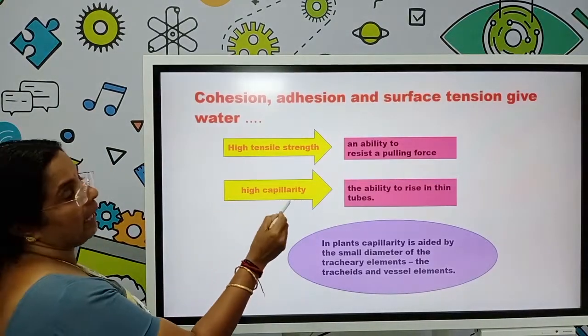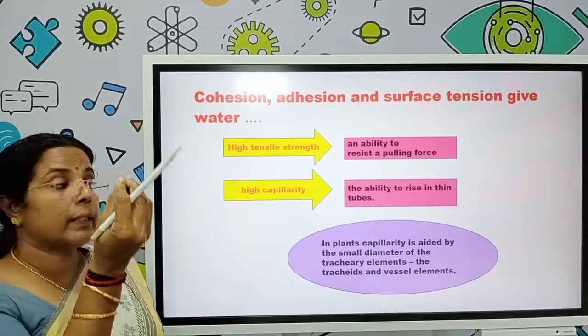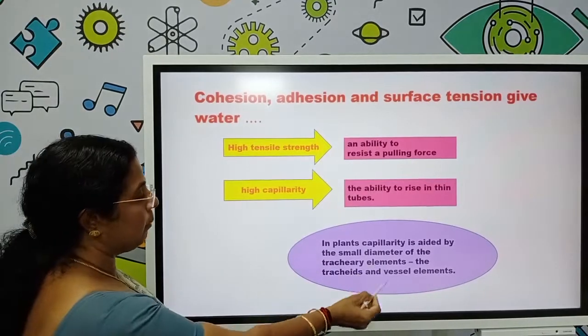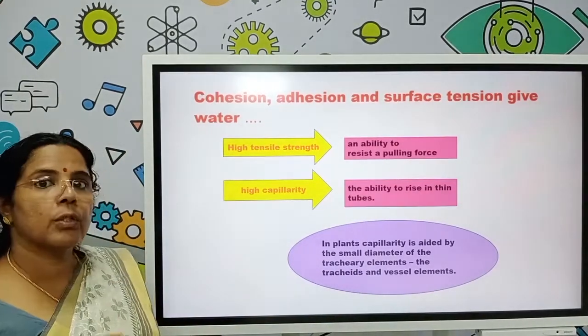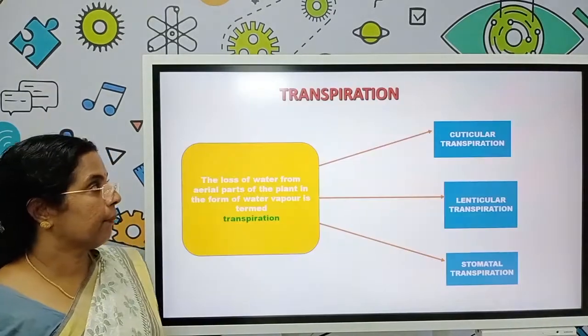And also high capillarity, which is the ability of water to rise up in small tubes. The tracheary elements are small tubes, so through those tubes water will move up due to high capillarity.